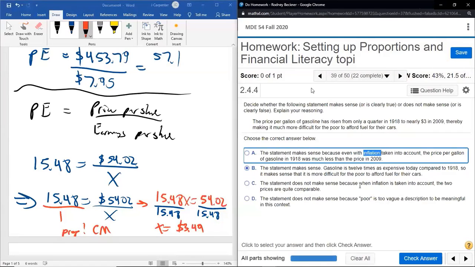C, the statement does not make sense when inflation is taken into account, the two prices are quite comparable. Again, we haven't necessarily looked at prices of things in the past versus now, but I think a lot of you should have at least heard this from your elders or in the news. Like comic books might have been 10 cents in the 1960s when they were first becoming more widely popular.